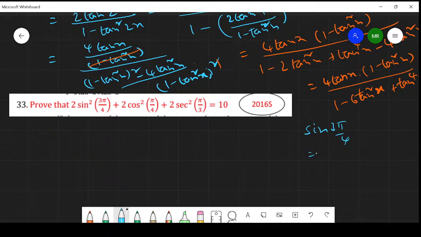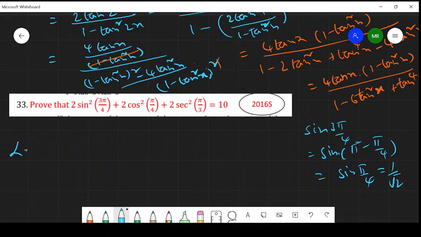I can write this as sine of pi minus pi by 4, since the difference of pi and pi by 4 is 3 pi by 4. In the second quadrant, sine is positive. Sine of 180 minus theta is sine theta only, so it will become sine pi by 4.